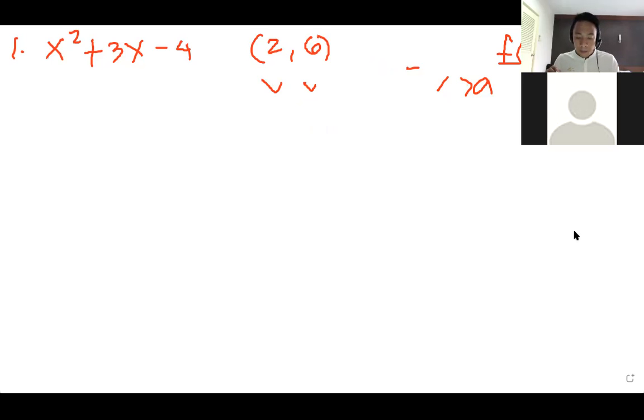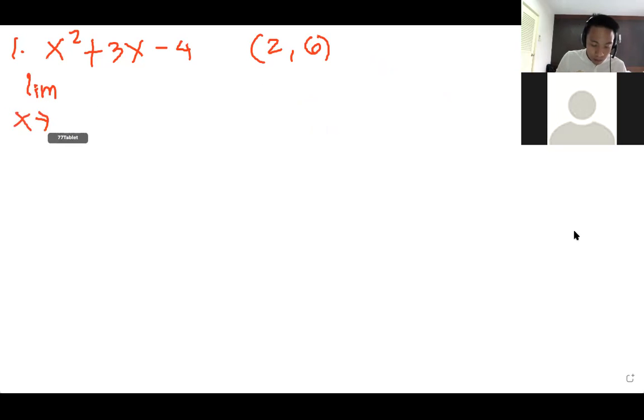Then let us now solve using that formula. I will put here the limit as x approaches a. Our a is 2, so we have 2.